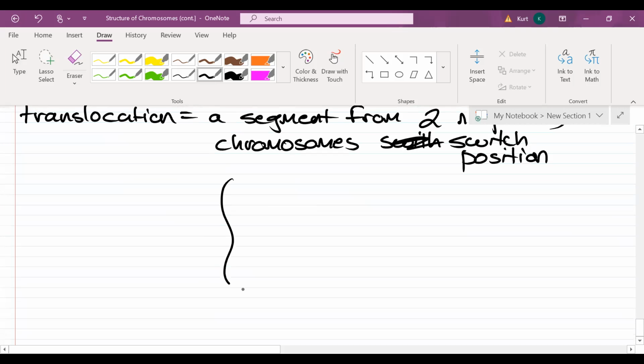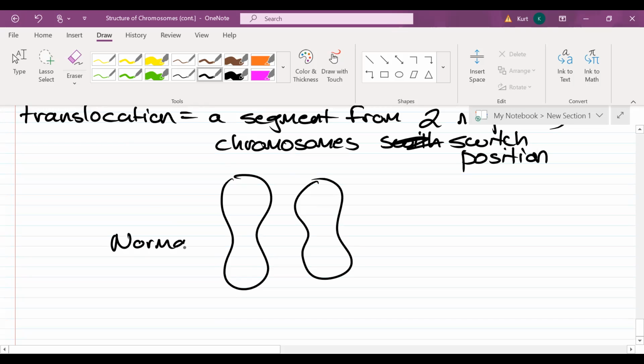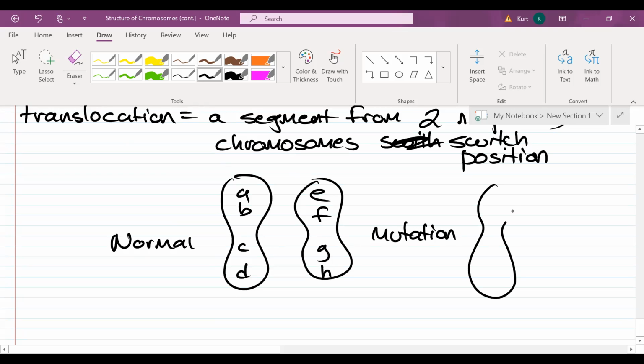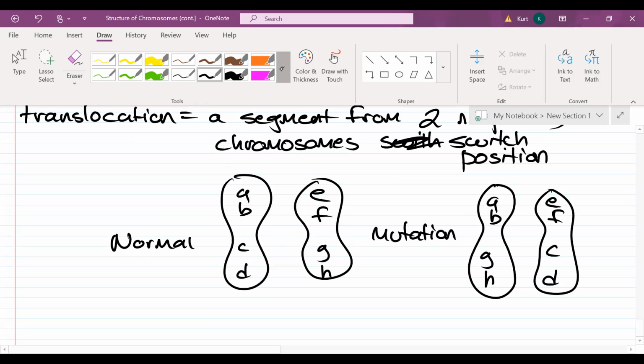So here's normal. You got A, B, C, D, E, F, G, H. Those are 2 chromosomes. Here's the mutation. A, B, G, H, E, F, C, D. See how that works? Translocated. All right, we'll have to stop there.